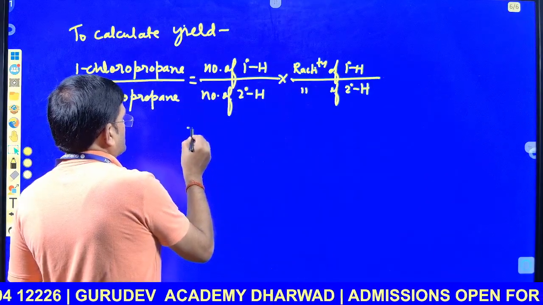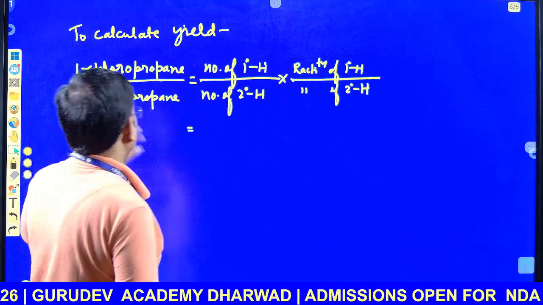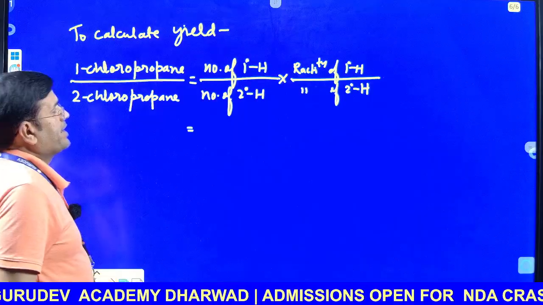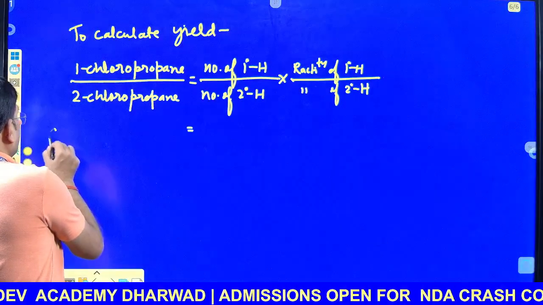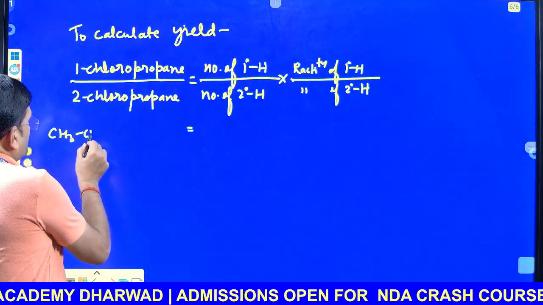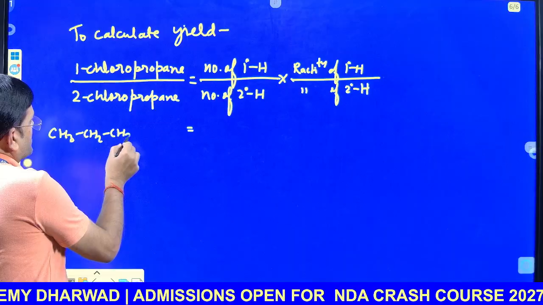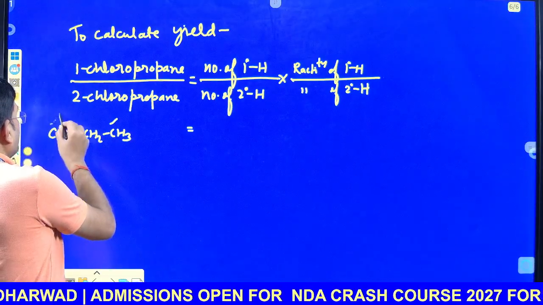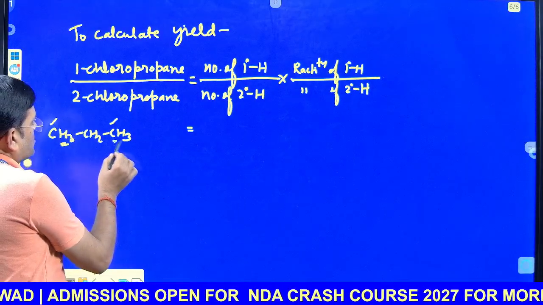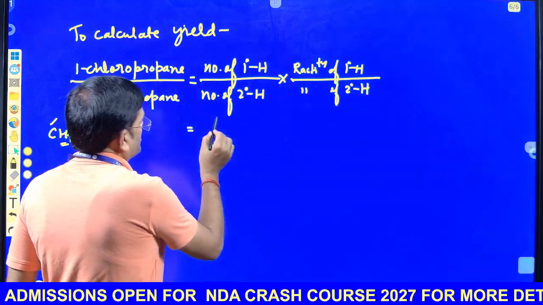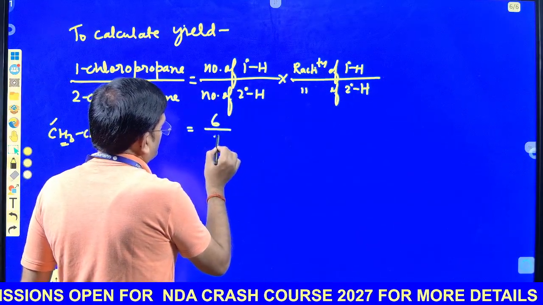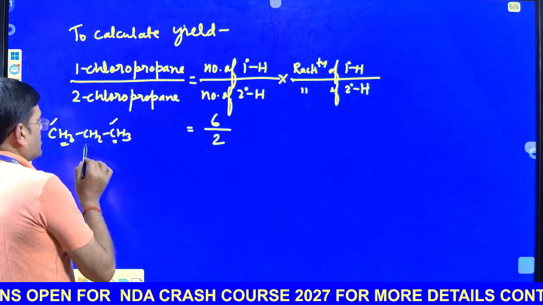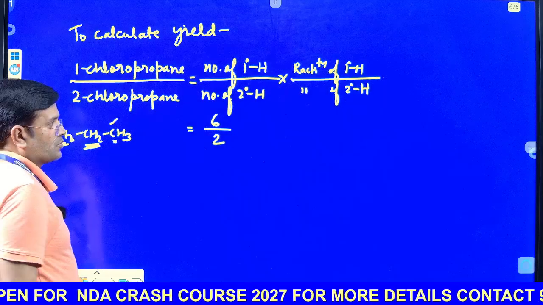So see what it is coming out to be. In propane, how many 1 degree hydrogens are there? Just see here, CH3, CH2, CH3. This one is 1 degree, so 3 plus 3, total 6 hydrogens are there. So this is 6 divided by 2, the number of 2 degree hydrogens, just see you are having 2.